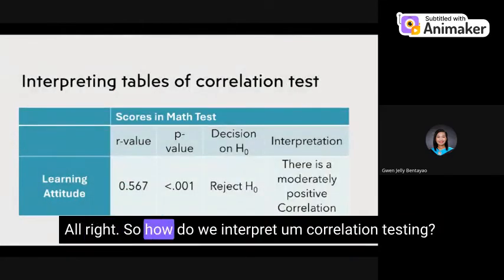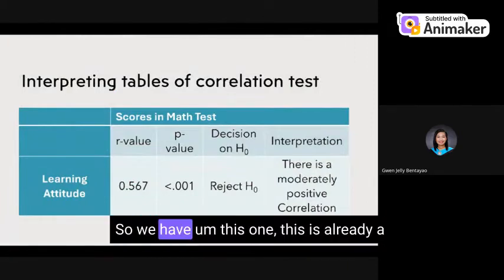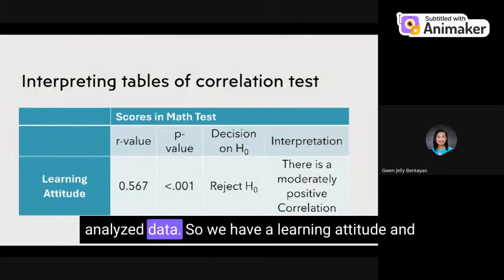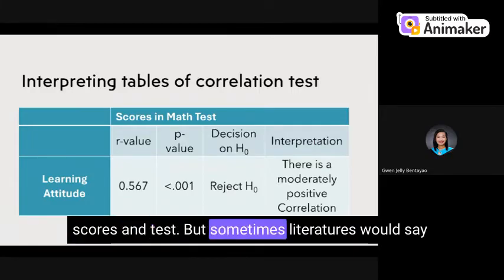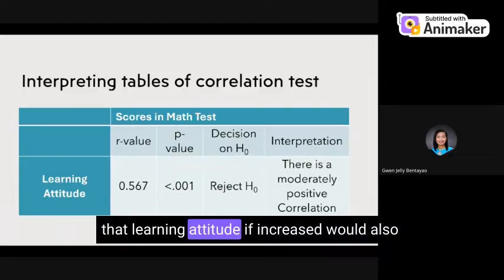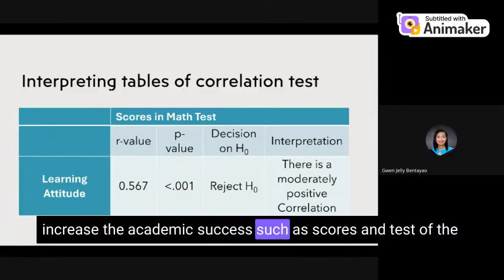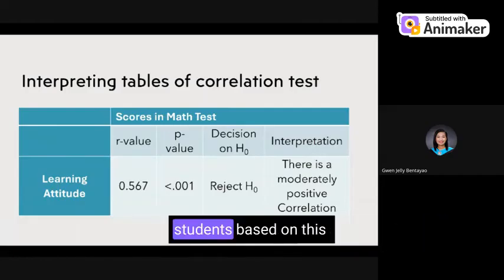All right, so how do we interpret a correlation test? We have this one, which is already analyzed data. We have learning attitude and scores in a math test. Sometimes literature would say that if learning attitude increases, it would also increase academic success, such as the scores of students in tests.